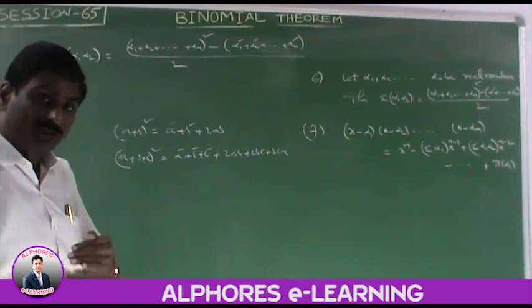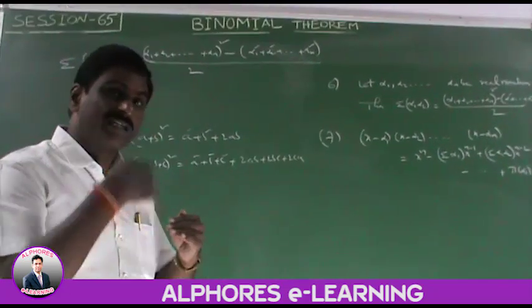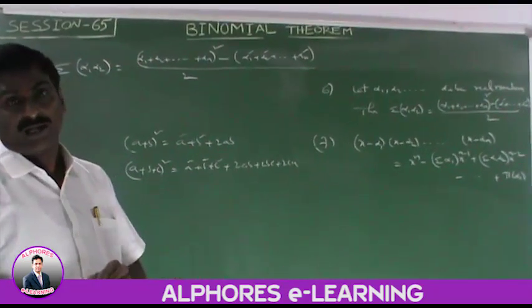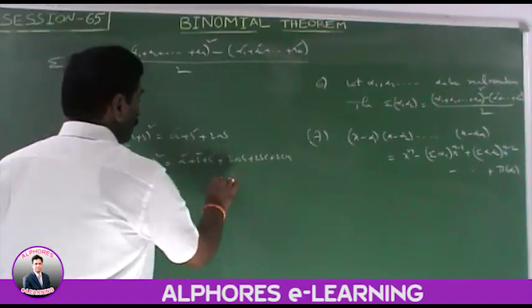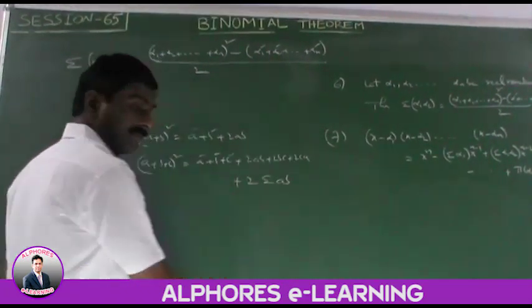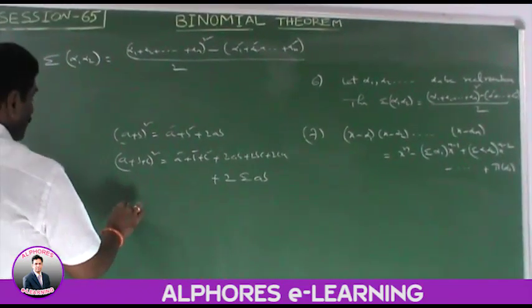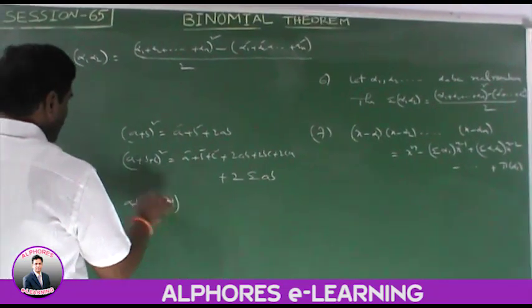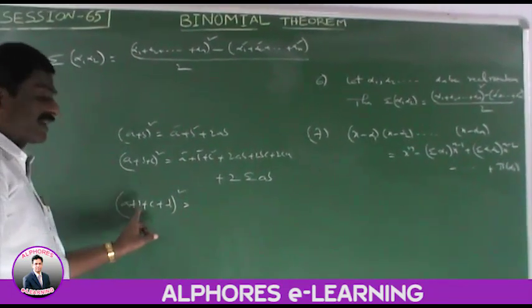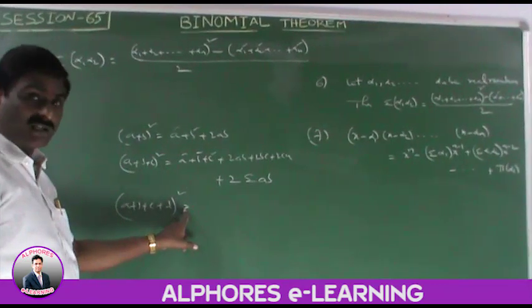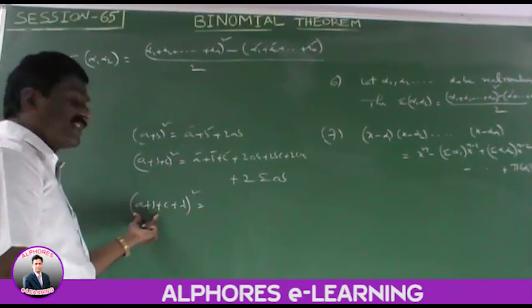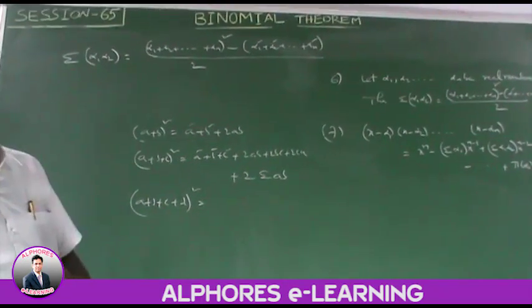Here there are three terms: ab is one product, bc is another, ca is another. The sum of these values is sigma ab, simply denoted by 2 of sigma ab. Similarly, for a plus b plus c plus d whole square, the formula is a square plus b square plus c square plus d square plus 2 sigma ab, the sum of the product of the values taken 2 at a time.